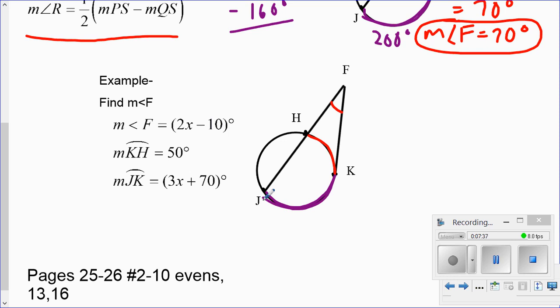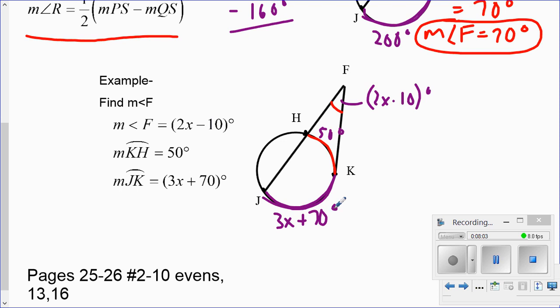So I'm going to set up my expression, but let me first fill in what I know. Angle F is 2x, this one here is 2x minus 10 degrees. KH is 50 degrees, and JK is 3x plus 70 degrees.